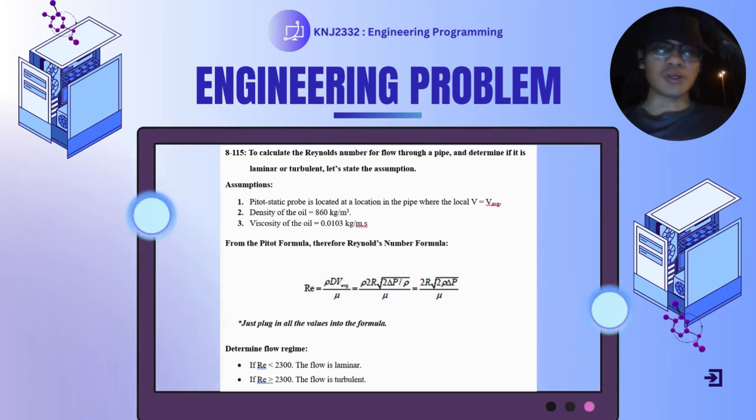From the pitot formula, we can get the Reynolds number formula as shown below. To determine the flow regime, if the Reynolds number is more than 2300 the flow is considered turbulent, but if it is less than 2300 the flow is considered laminar.